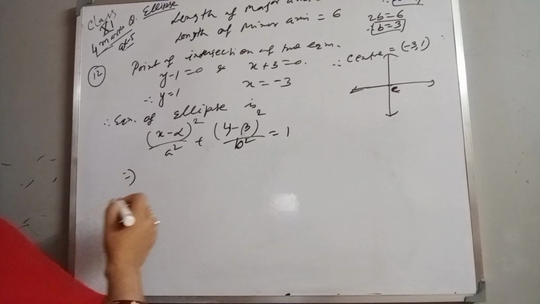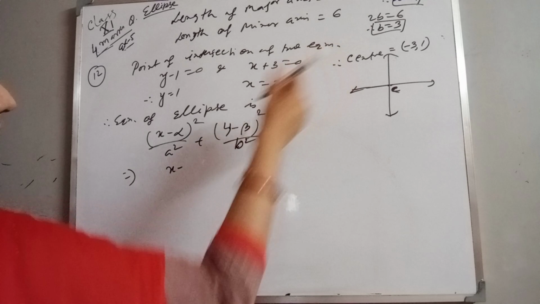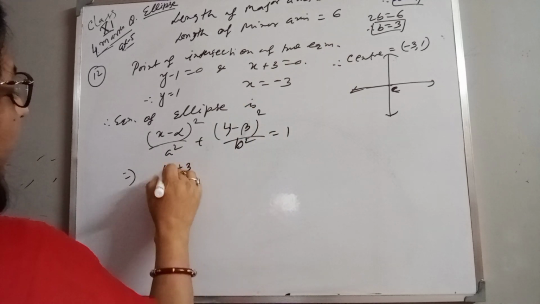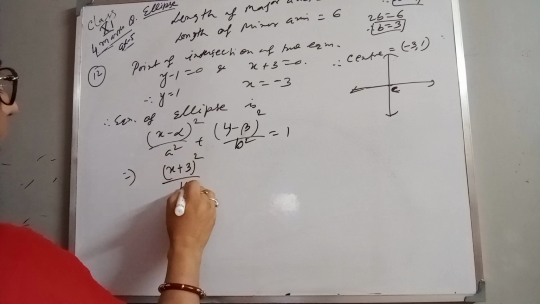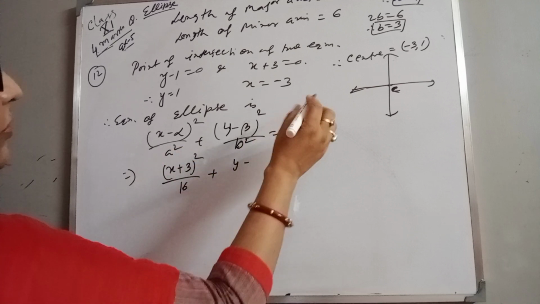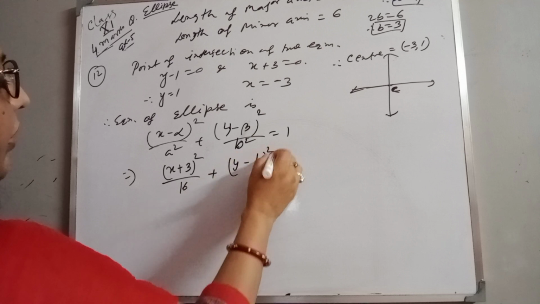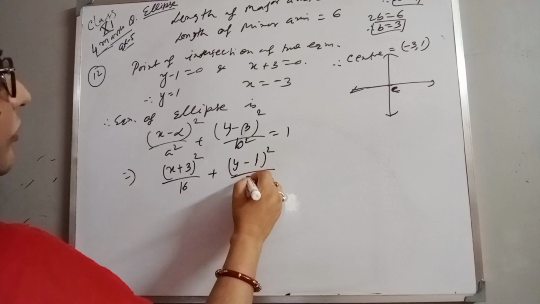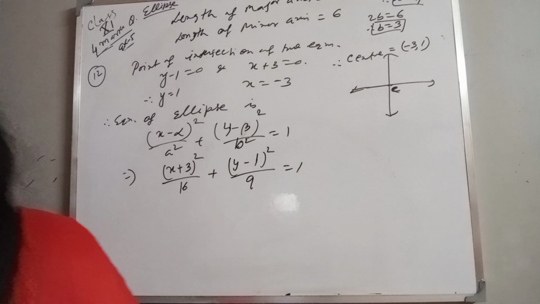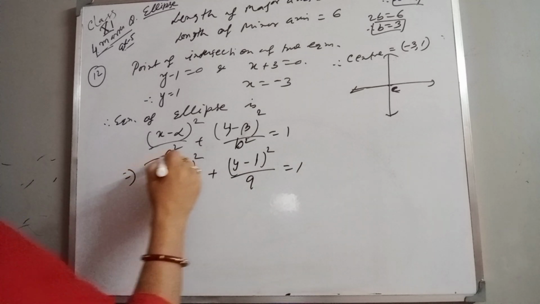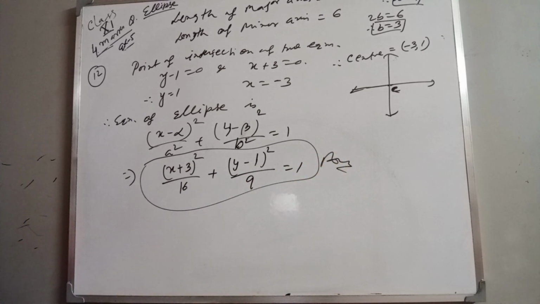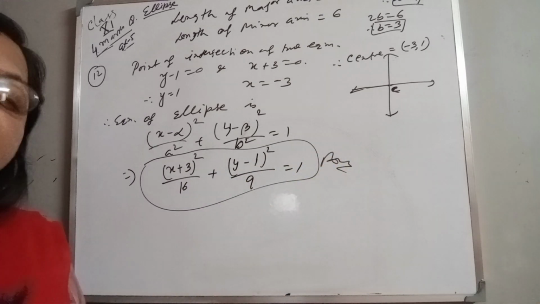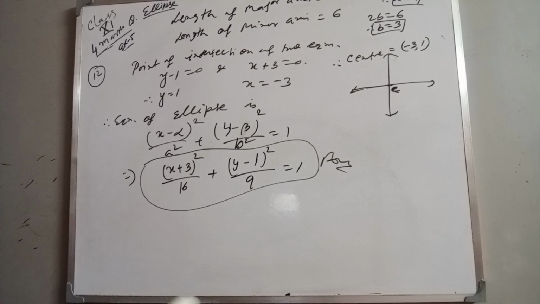Now x minus alpha is minus 3, so make it plus 3 whole square by a square, that is 16, plus y minus beta, that is y minus 1, whole square divided by b square, that is 9, equals 1. This is the required equation. Understood? Okay, sum number 12 is done.